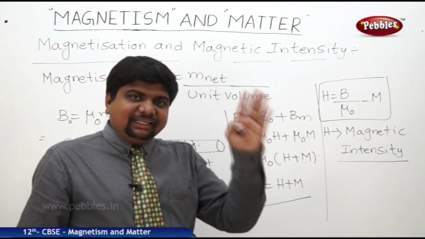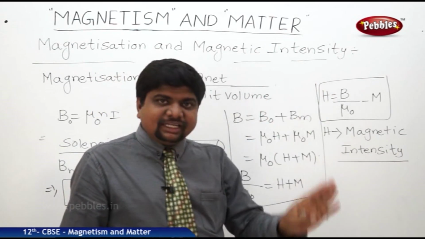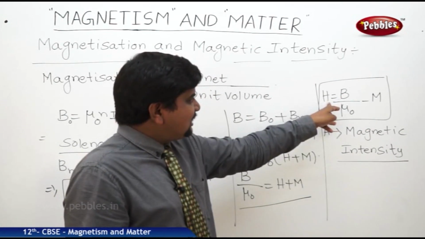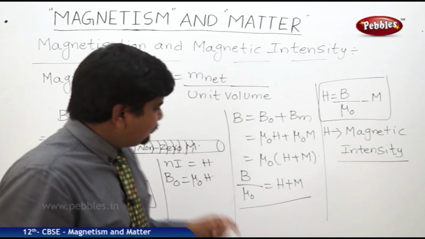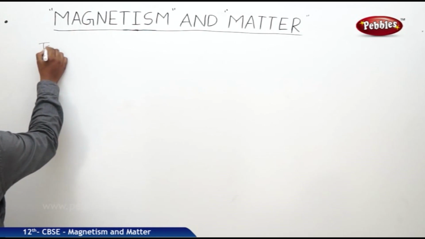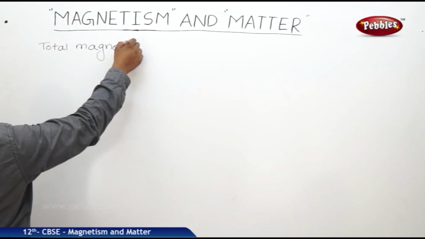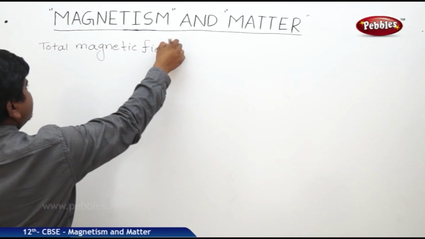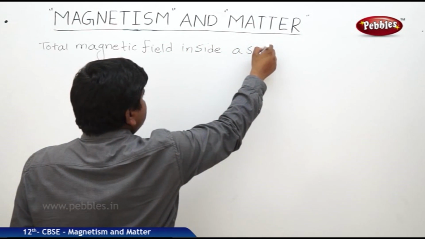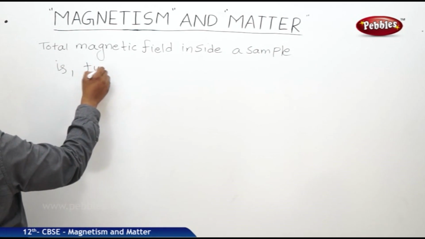So the total magnetic field due to a solenoid or any material is explained in two ways, as the sum of magnetic intensity plus magnetization. So what is this H and what is this M? We are going to discuss that now. The total magnetic field inside a sample is of two types.